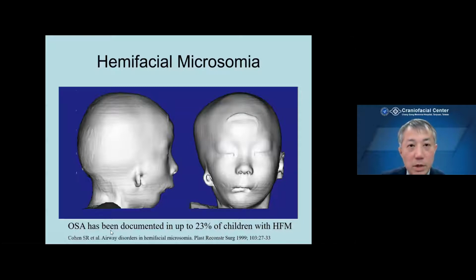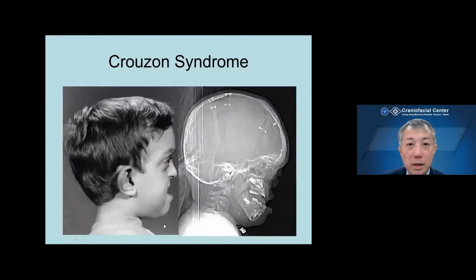And for patients with hemifacial microsomia or Crouzon syndrome, they could have airway problems due to their mandible retrusion or midface retrusion. For Crouzon or craniosynostosis patients, you can see the complete closure of the retropalatal airway. The closure of the nasopharyngeal or velopharyngeal airway forces the patient to open their mouth for breathing.